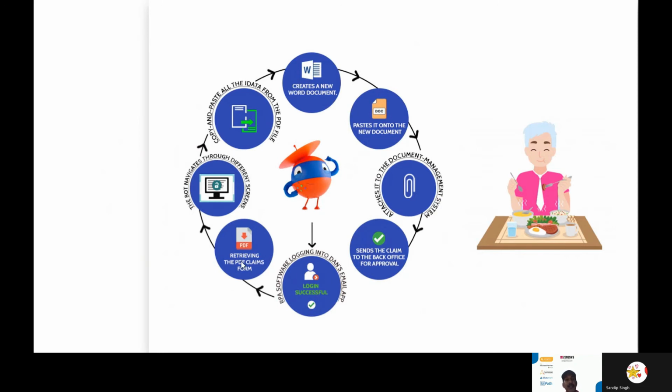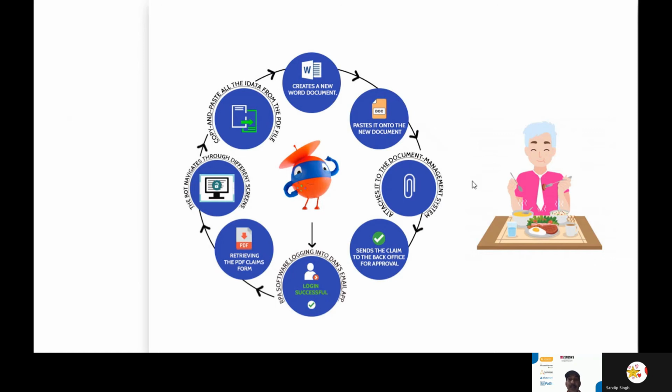It retrieves all the claims, I mean, this PDF file as an attachment with the email, goes to the central management system, which requires getting to different screens, copies and pastes information from this PDF document into a file, and then creates another Word document to get information from the invoice, and then pastes it into another document, and then finally attaches these documents to that central claim processing system, and finally triggers it for the approval.